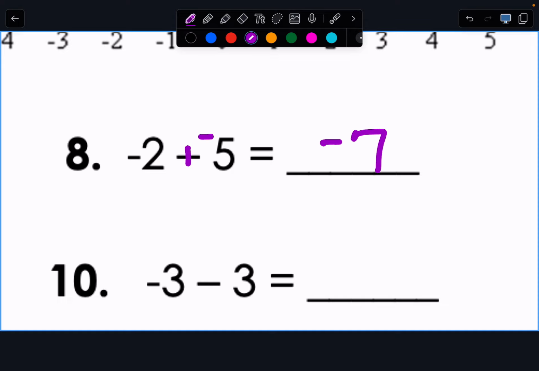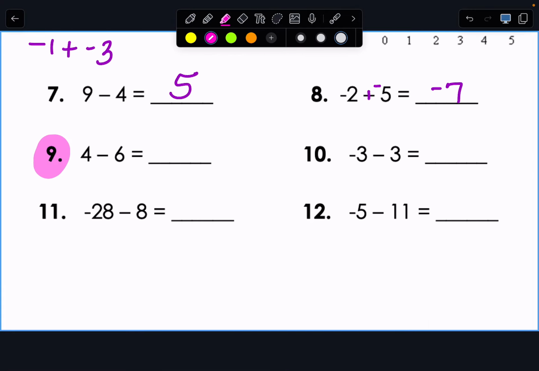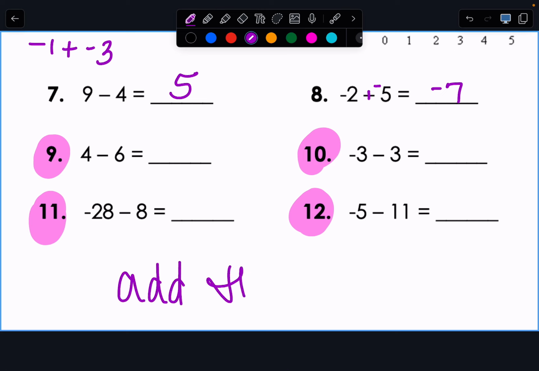-7. Okay. So I want you and your elbow partner to agree on answers for these next 4. Do them yourself. Add the opposite. And make sure you agree on your answers.